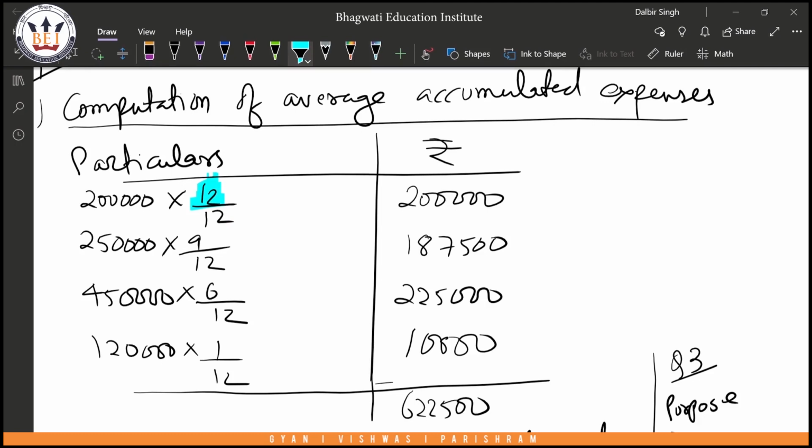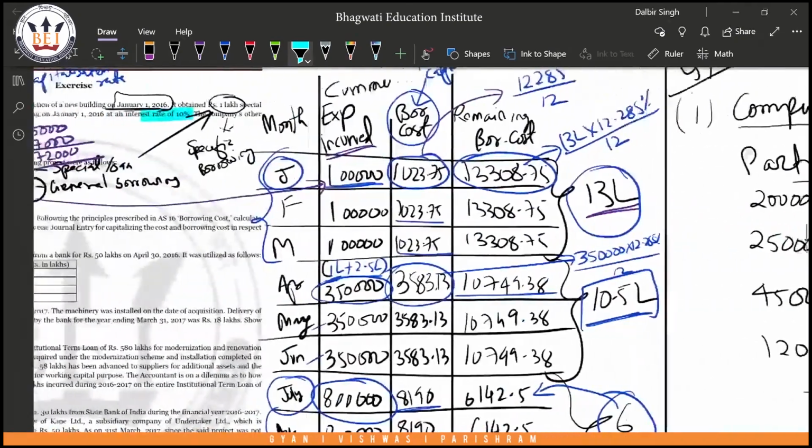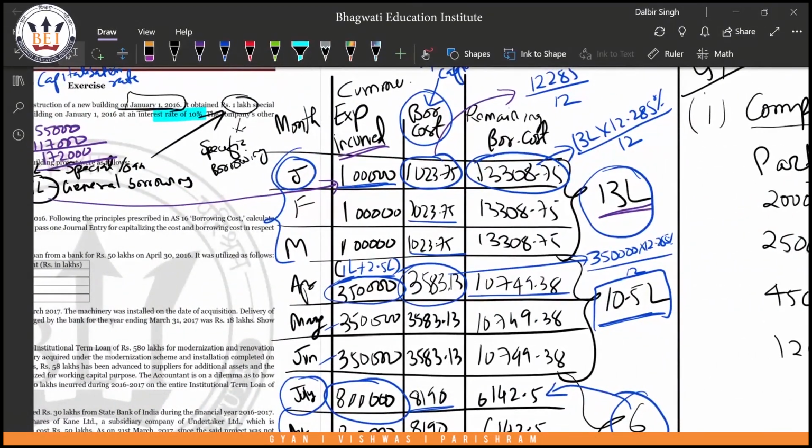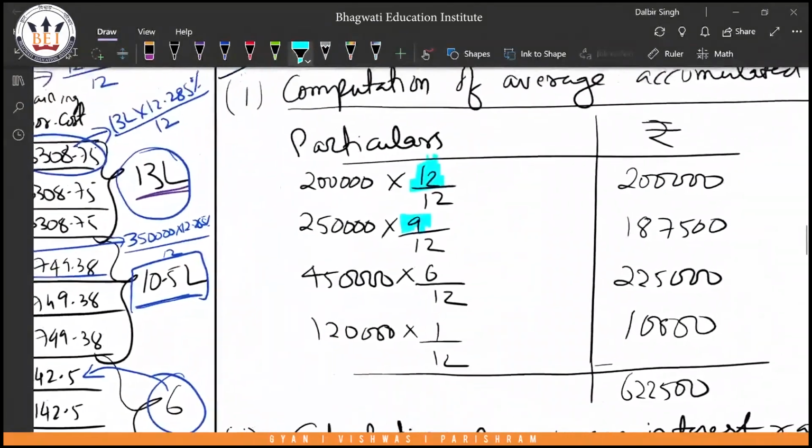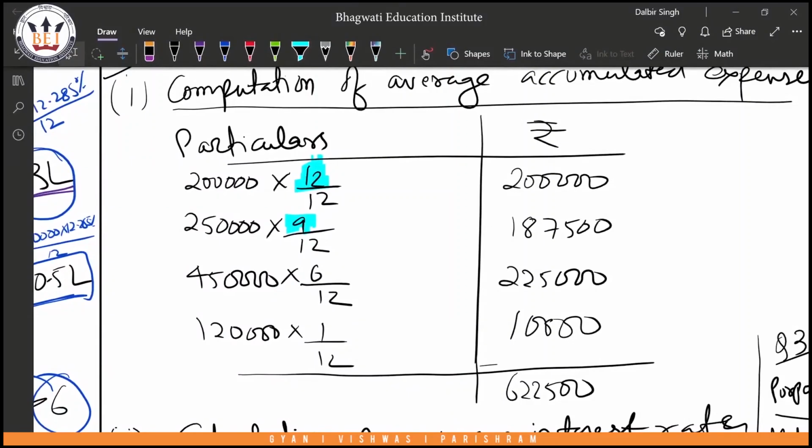Next, coming to April, where you have expended 2 lakh 50, it is for 9 months. From April onwards, 2 lakh 50 is included in the expenditure. So how many months is that? That is for 9 months, which is why you compute 2 lakh 50 for 9 months.